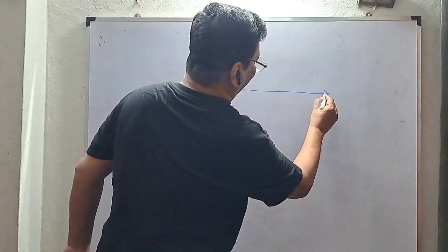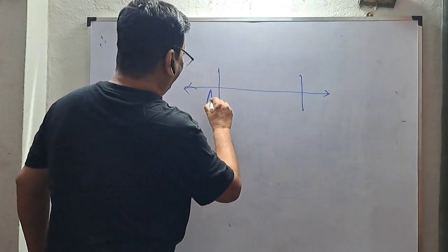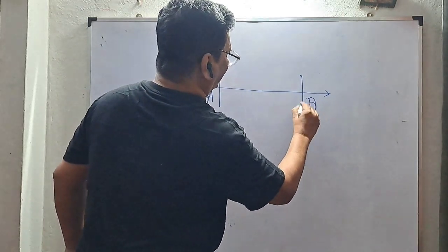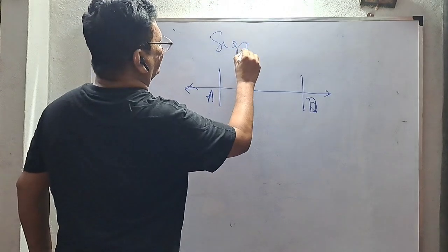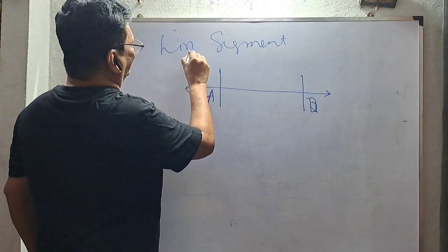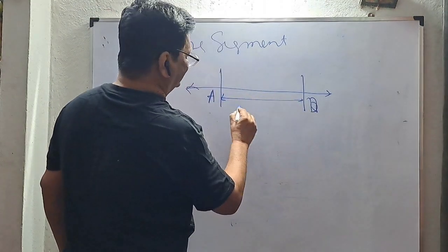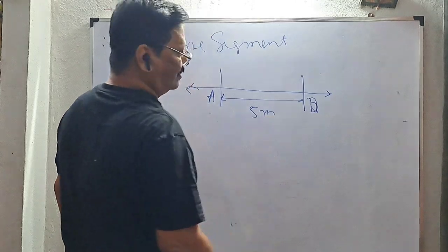Understood? Now we see what is a line segment. Suppose you have a line like this, and this is say A and B. This particular distance has a certain numerical value, say 5 meters.